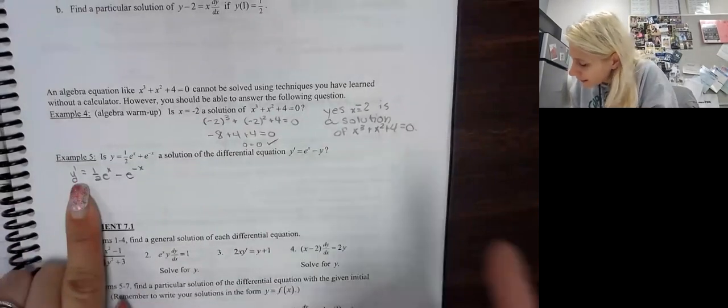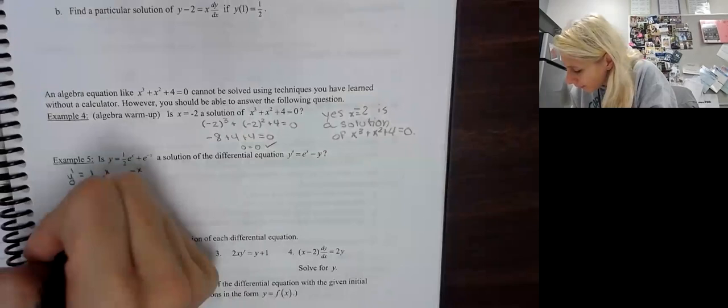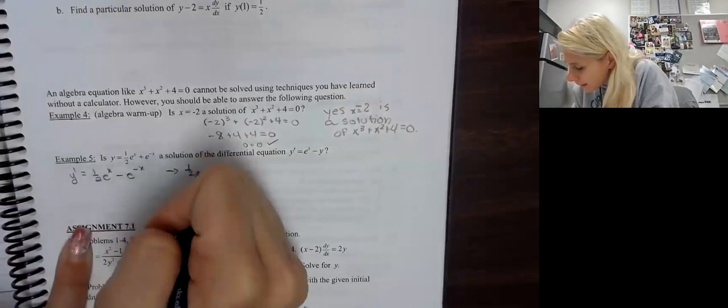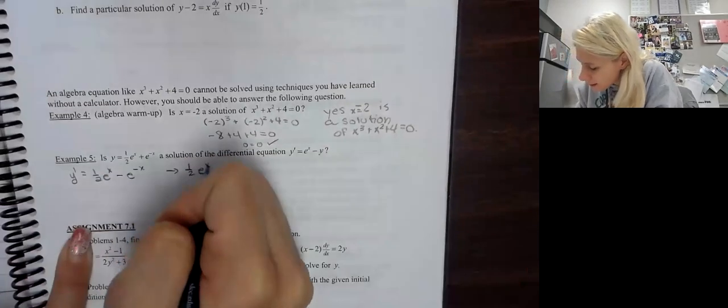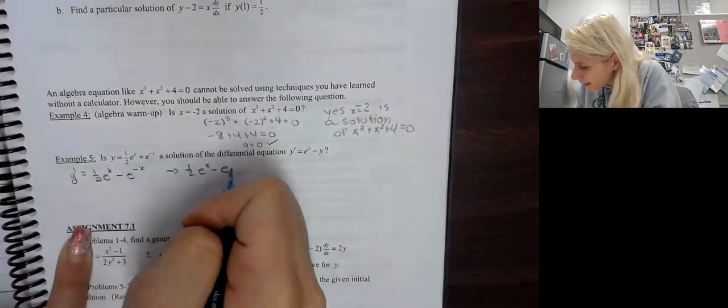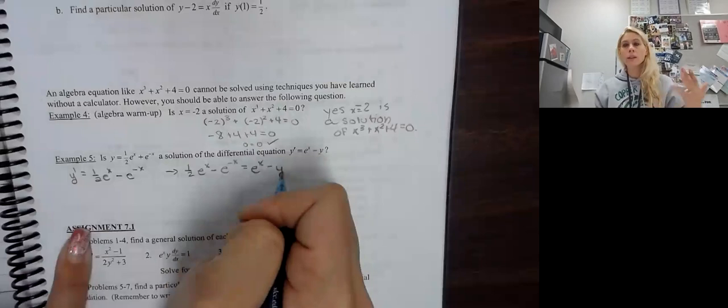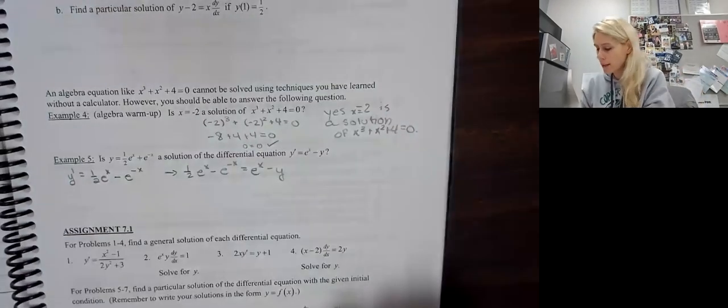So I'm going to say 1/2 e to the x minus e to the negative x equals e to the x minus y. Well, of course, we have y value, right? So let's plug in that y because our y is right here.